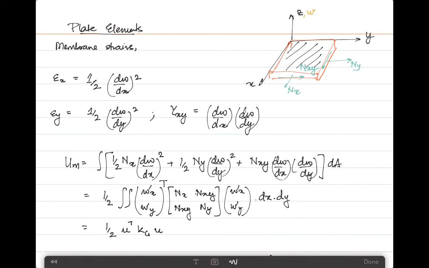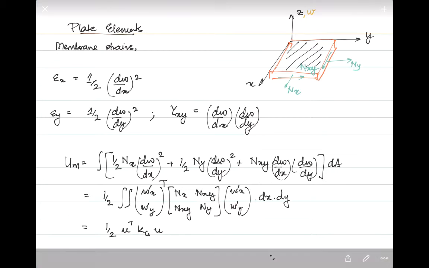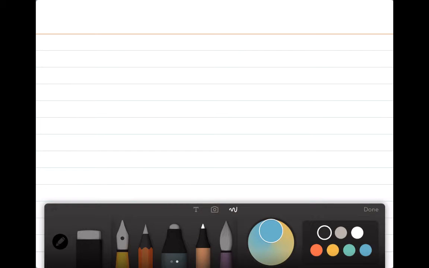So going by this definition, let me continue on the next page. Going by this definition, we have the w is equal to N times u. So w dashed is equal to G times u. This is element G times u, which is N dx.